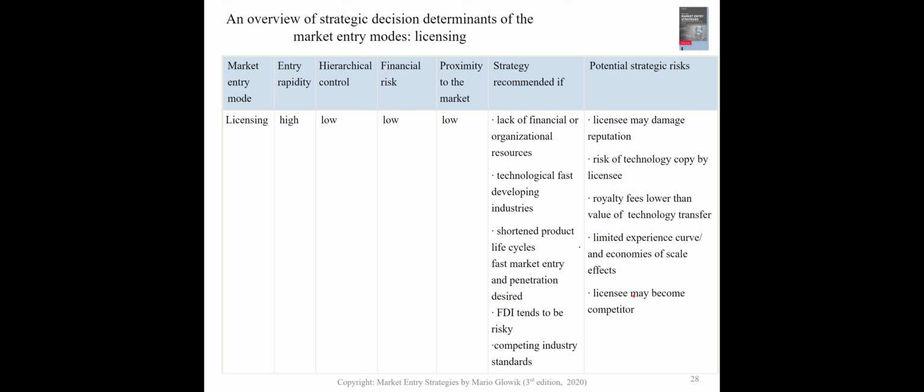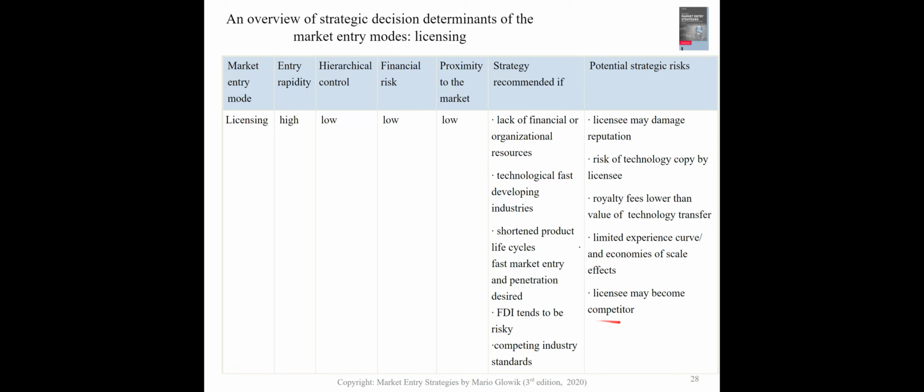And when we license instead of running our own operations, we have limited experience curve effects in-house because the product is manufactured at the licensee side, and that also comes along with limited economies of scale effects.